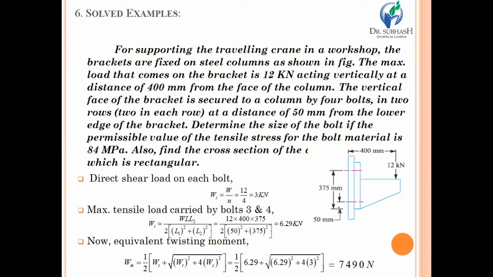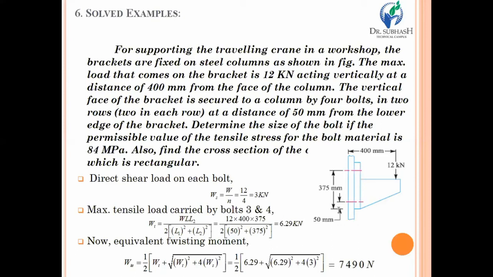Also, there are 4 bolts to fix the clamp to the wall. The distance is also given: 375 mm is the vertical distance between the two bolt systems, and 50 mm from the lower edge of the bracket to the particular bolt row. So this is the data you have been given.